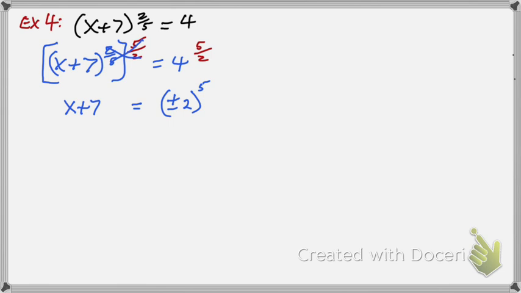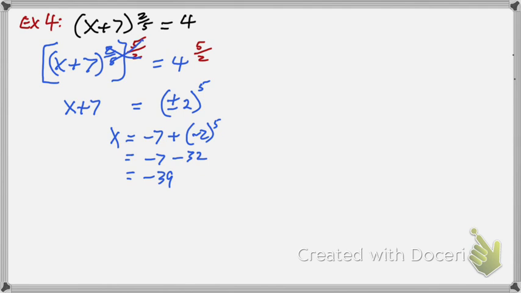So I've got x equals minus 7. Let's say for our first one, plus minus 2 to the 5th. And negative 2 to the 5th is negative 32. So there's one of our possibilities.